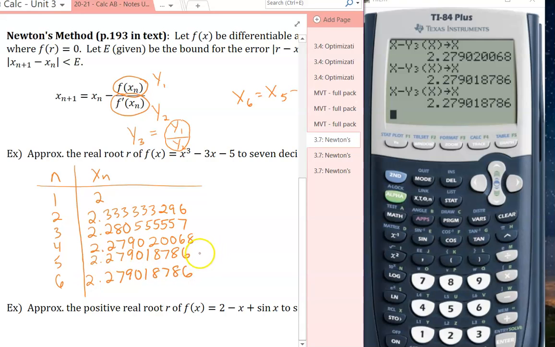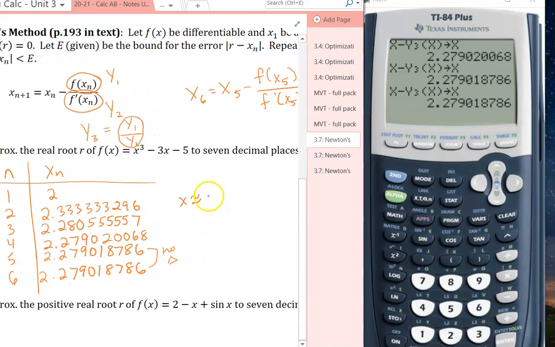Okay, so once I get that there's no change, okay, I know that I have accuracy that far, and we wanted 7 decimal places. So actually, my solution is that x is approximately 2.2790188, and this is the 7th decimal place that we're rounding to, so 8.